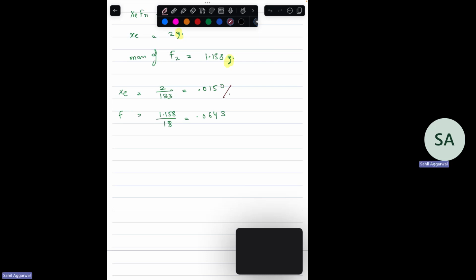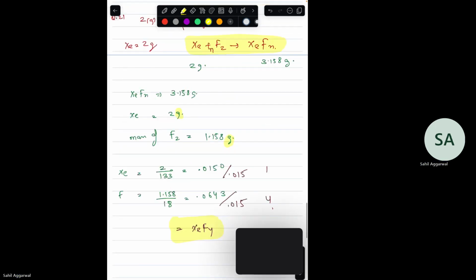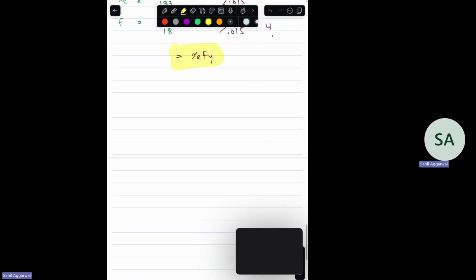Smaller one is 0.015. This will come out to be 1, this will come out to be 4, so it should be XeF4. This would be the answer. This is question 21.